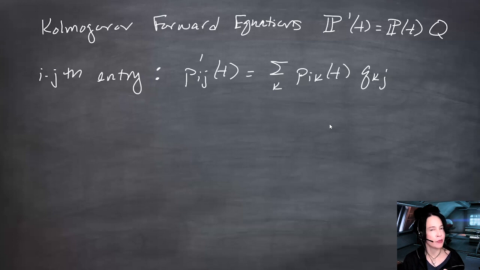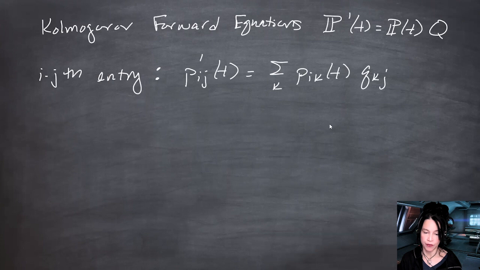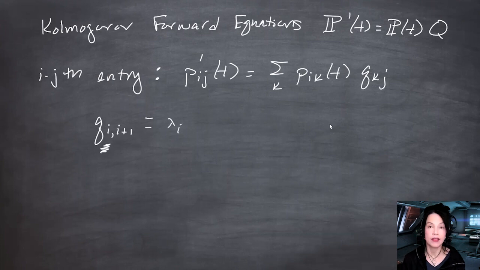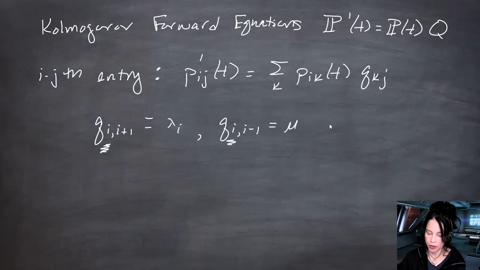And in the birth and death process, like so many others, a lot of the q's are 0. So we have q_{i,i+1}. That is the rate of increase of birth at the time the population size is currently i. So that is lambda_i. And we have q_{i,i-1}. That corresponds to a death when we're starting with i. And that death rate is going to be mu_i.